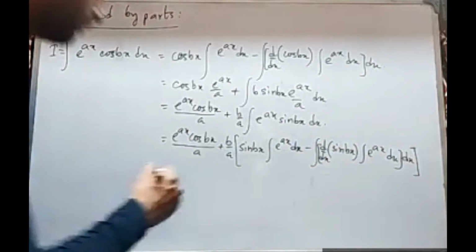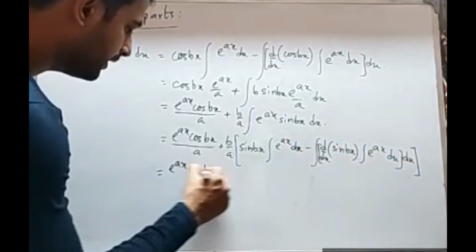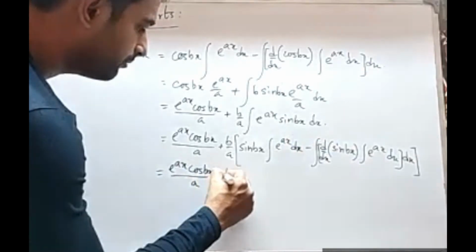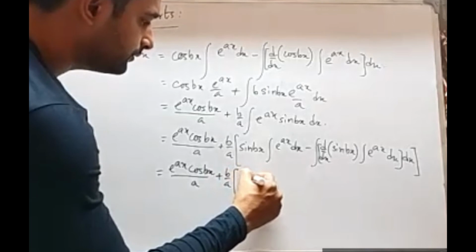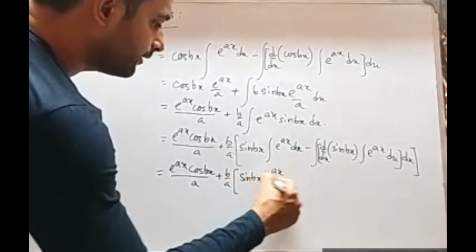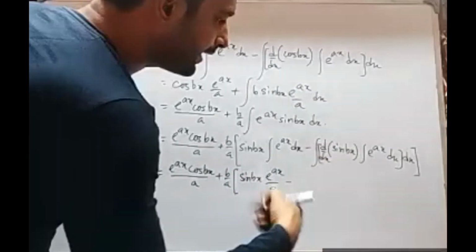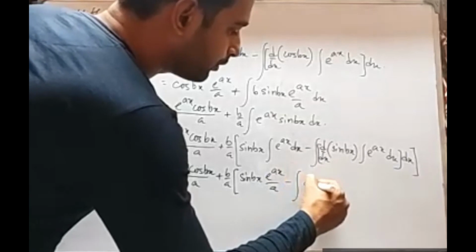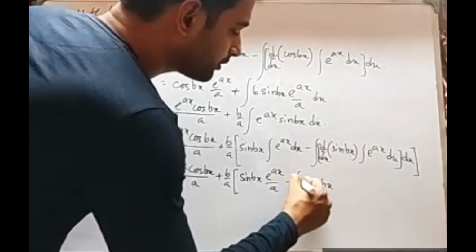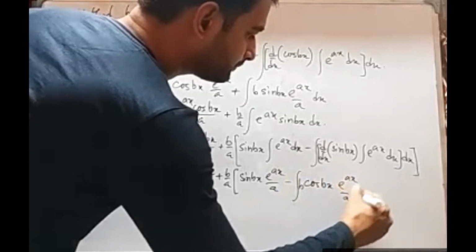So let us do it again. e to the power ax cos bx by a plus b by a sin bx e to the power ax by a minus, here it is now again cos bx is coming, so integral cos bx e to the power ax by a dx.